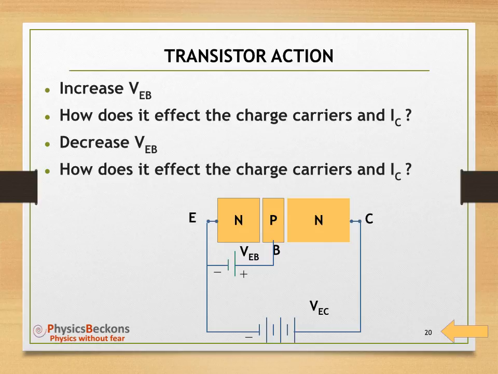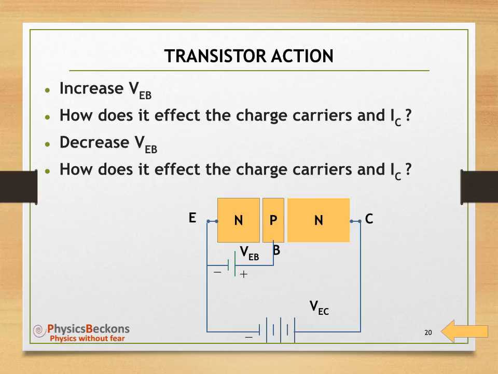Hence, an increase in emitter base potential results in a large increase in collector current. Similarly, if you decrease emitter base potential, the base will be collecting a smaller number of electrons from the emitter and hence the collector current, IC, will show a sharp decrease.